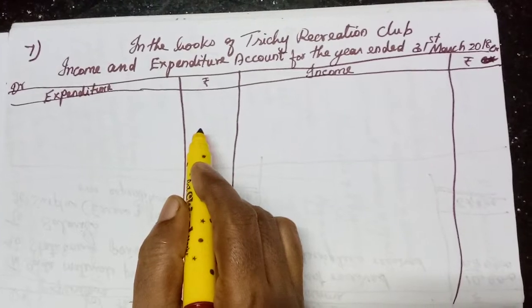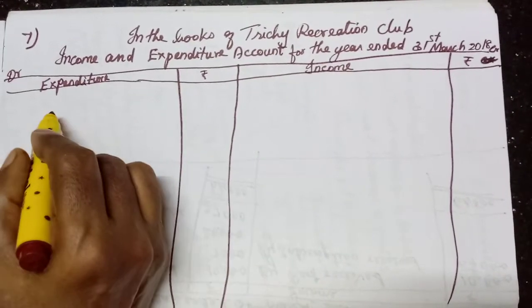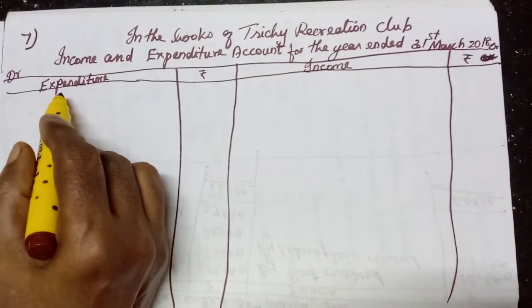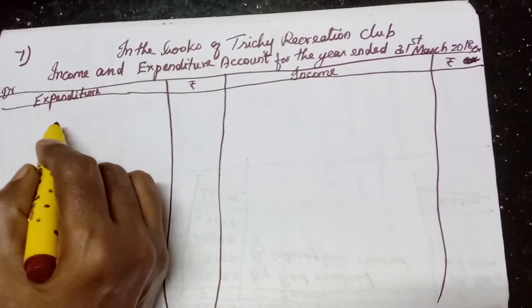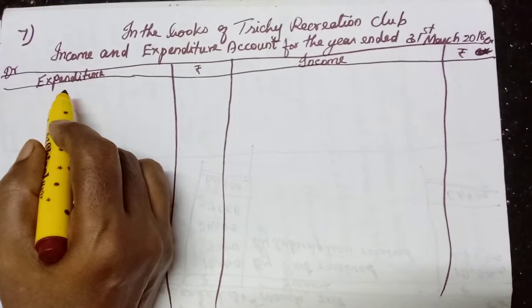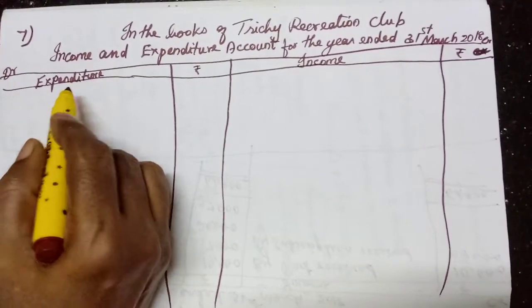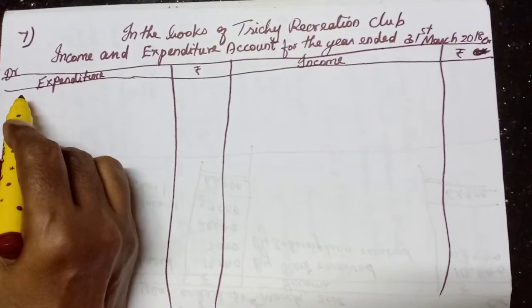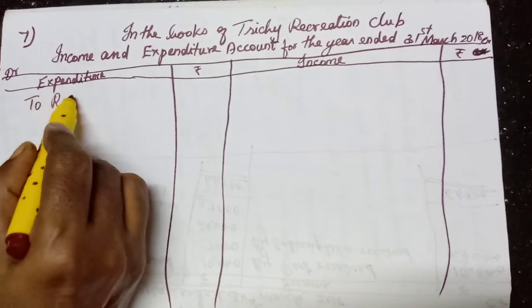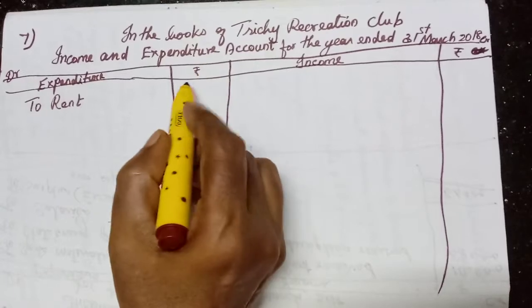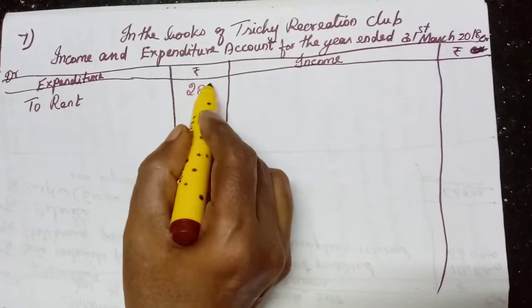Then first we will write the expenditure. So you have to see the payment side. What is the first item given there? By furniture purchased. It will not come, isn't it? So leave it. Then by rent. So here we should write to rent, 2,800.